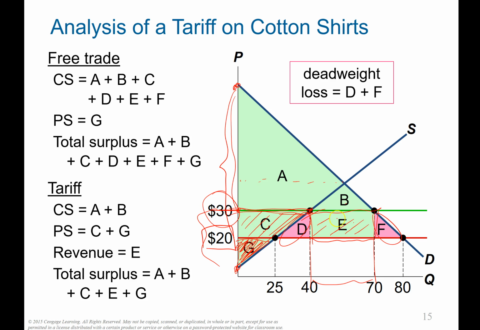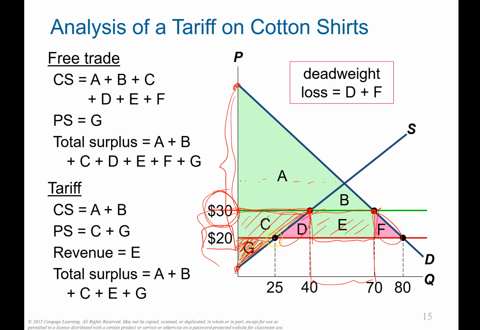When the price effectively became $30 because of the imposition of the tariff, domestic producers had different incentives. So at $30, domestic producers increased their production. However, domestic buyers also changed their behavior because of that higher price, so the amount that they were willing to purchase decreased.